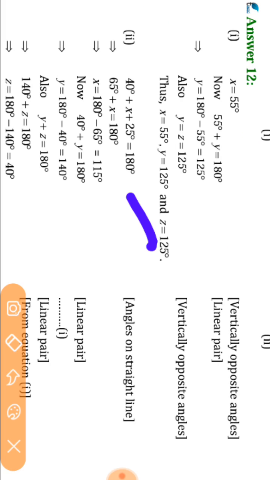So 40 plus 25 is 65, plus x is equal to 180, so x is 180 minus 65, 115 degrees.